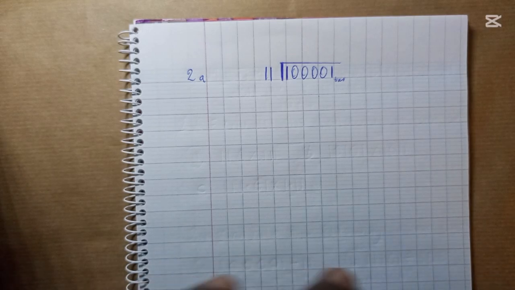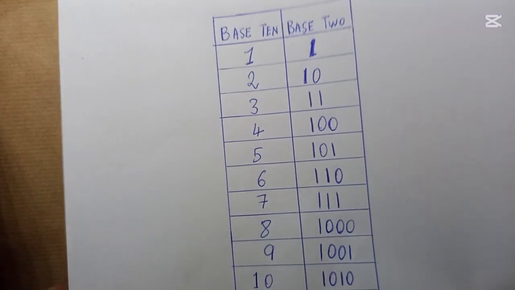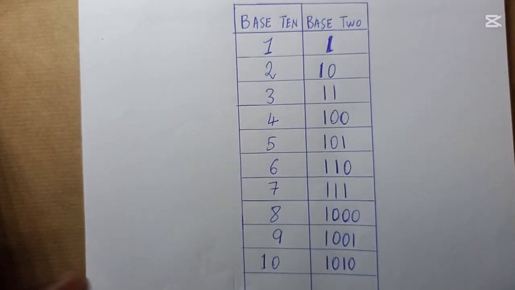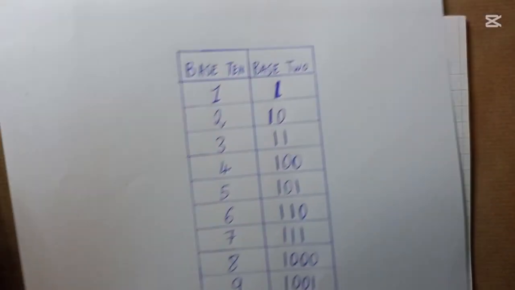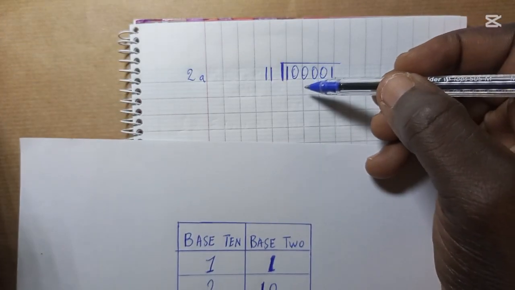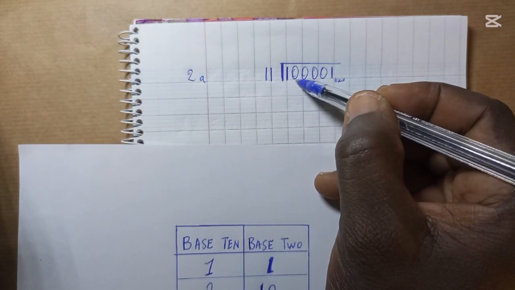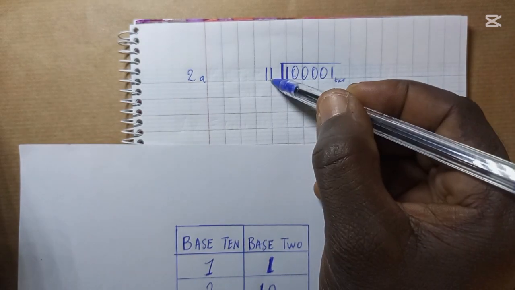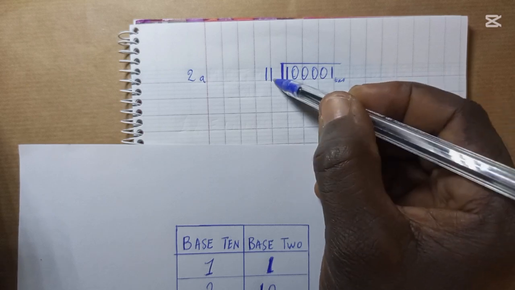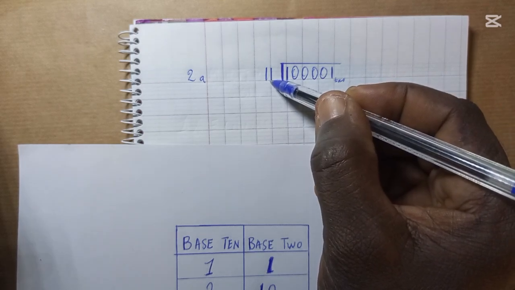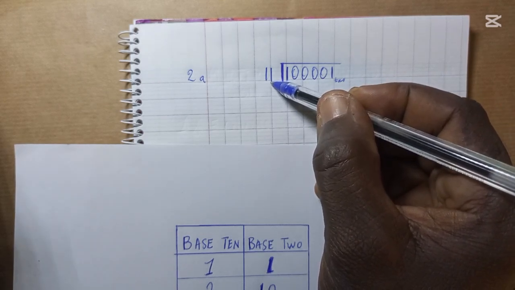Now to understand this division method better, I'm going to introduce this. You can see here that in this particular one, we're going to take two digits to divide this. That is 1 and 0 divided by 11. It's impossible.